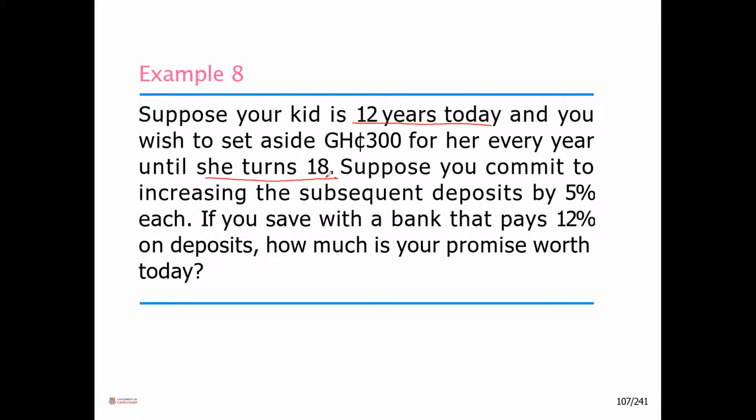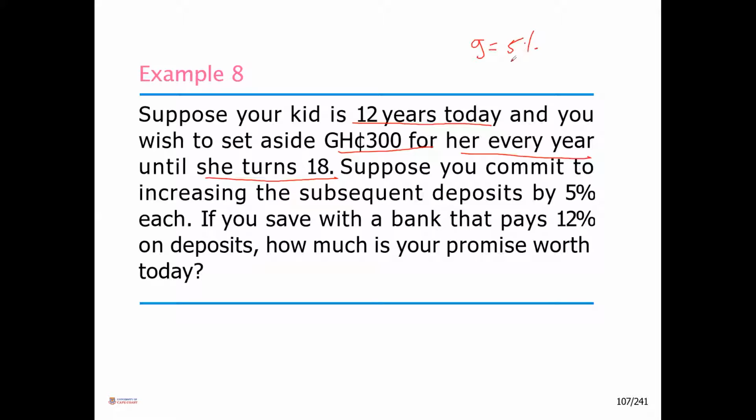So here, depositing 300 CDs every year makes the thing an annuity, technically. Now look at the growing annuity aspect. It says that suppose you commit to increasing the subsequent deposit by 5%. So here, the growth rate is 5%.